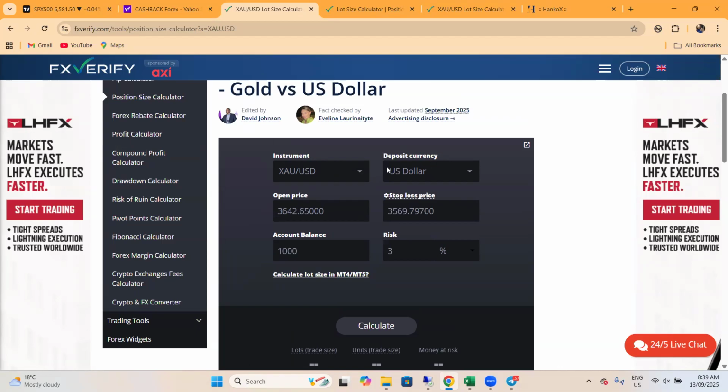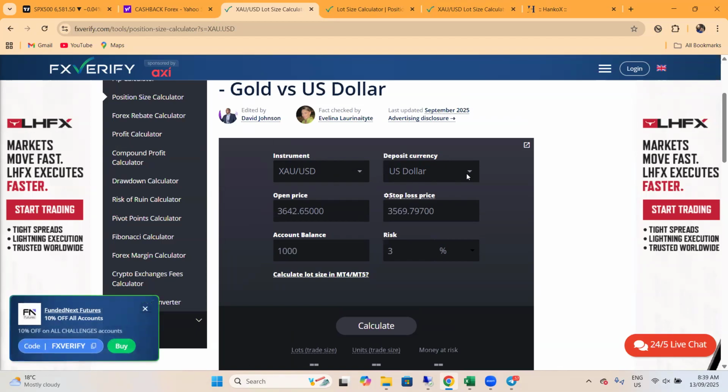Okay, if your account is in US dollar, which it should be, anyway, if it's not, just change it to the currency the broker account is in. Okay, notice it gives you the open price and the stop loss.